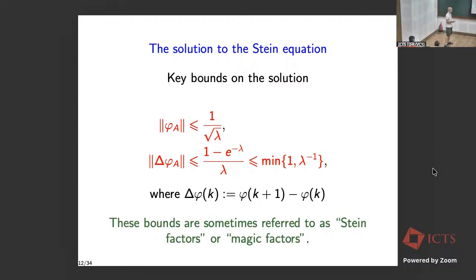And this is where, if you've heard the term Stein factor or magic factor, that comes from, because this 1 over lambda can be important in applications and helps you improve your approximation, as we shall see later. Usually now we just call them Stein factors, these kinds of factors in front when we analyze the solution to the Stein equation.